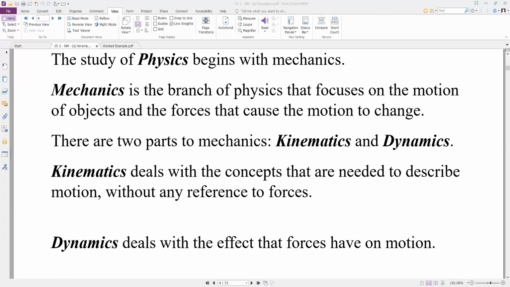For example, let us consider a particle that is accelerated along a straight line with a constant acceleration. What is the symbol for acceleration? Let's go for a. The particle has an initial velocity of u.